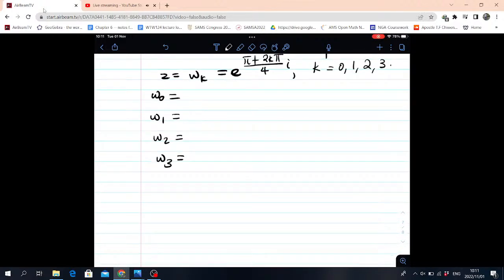And you can then say, if you want to write them in standard form, then you can find the actual values.